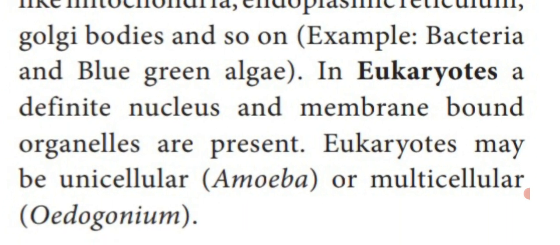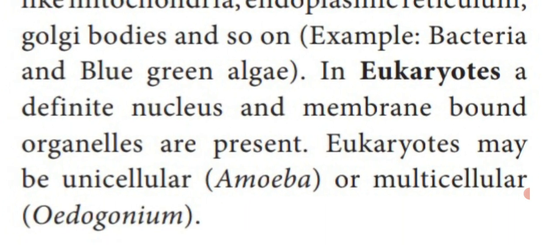This eukaryotic cell may be divided into unicellular and multicellular. But prokaryotic cells are always unicellular only. For unicellular, example, amoeba. Multicellular, example, Oedogonium. Amoeba is an example for eukaryotic animal. Oedogonium is the example for multicellular plant.